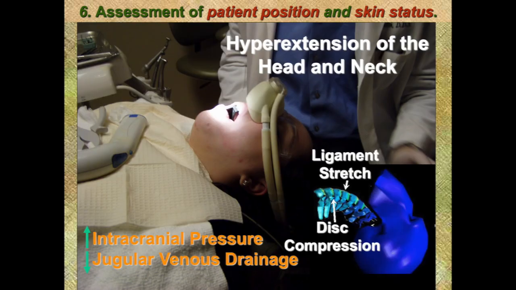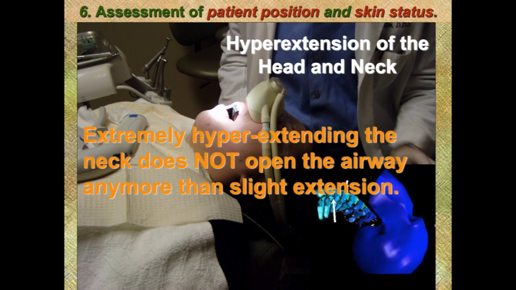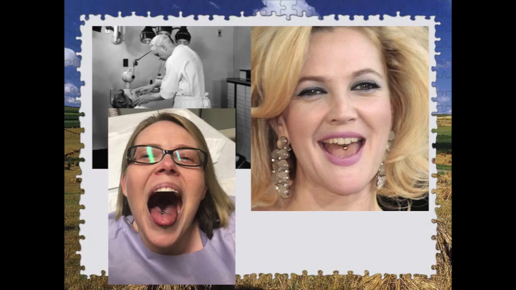And then we don't want to hyperextend their neck because it can cause really painful trauma to the neck if we stretch their ligaments or compress their discs to try and open their airway. We don't want to do that. So we want to slightly open them and make sure that they're in that sniffing position. If they've got any tongue jewelry in, we want it out before we even start.